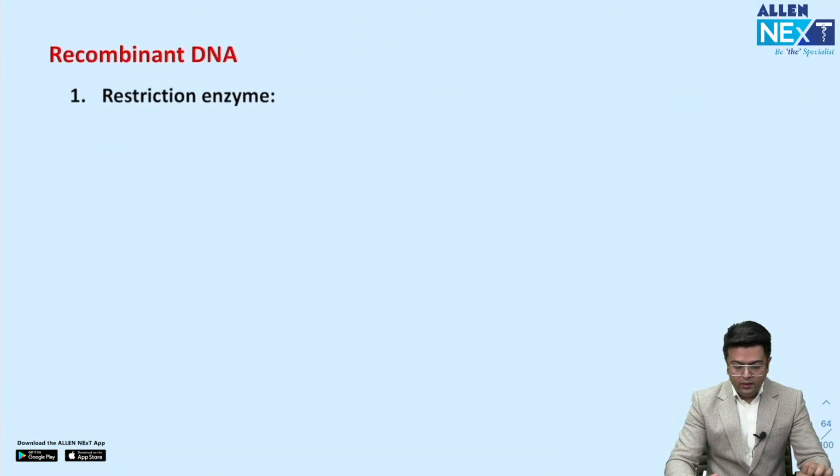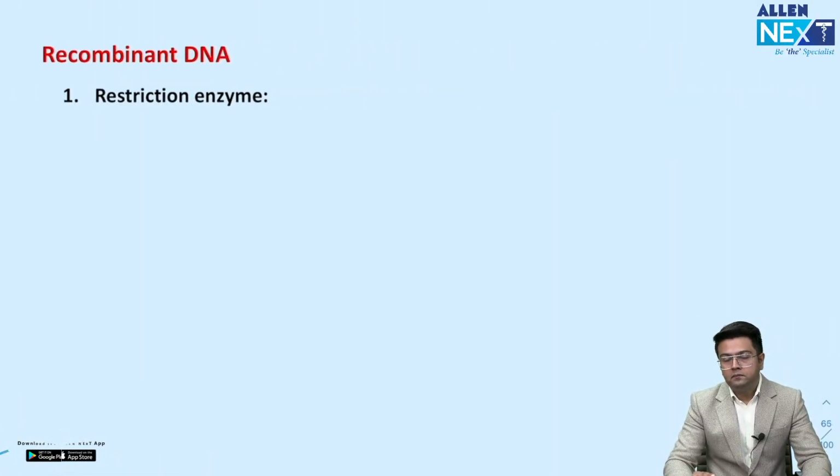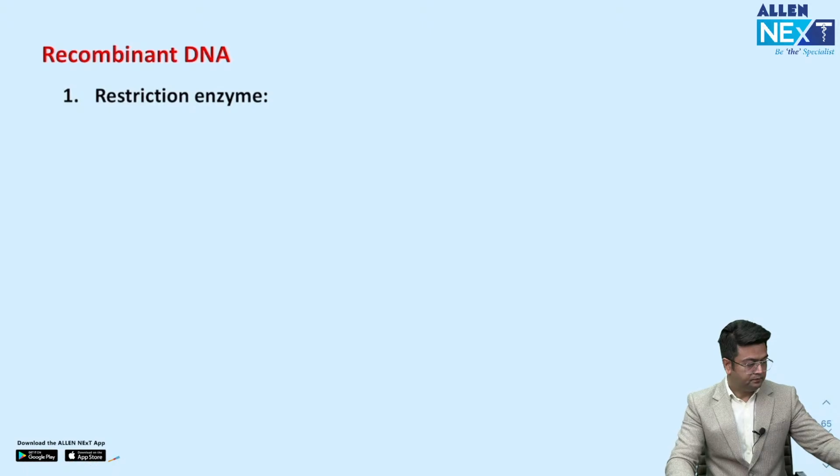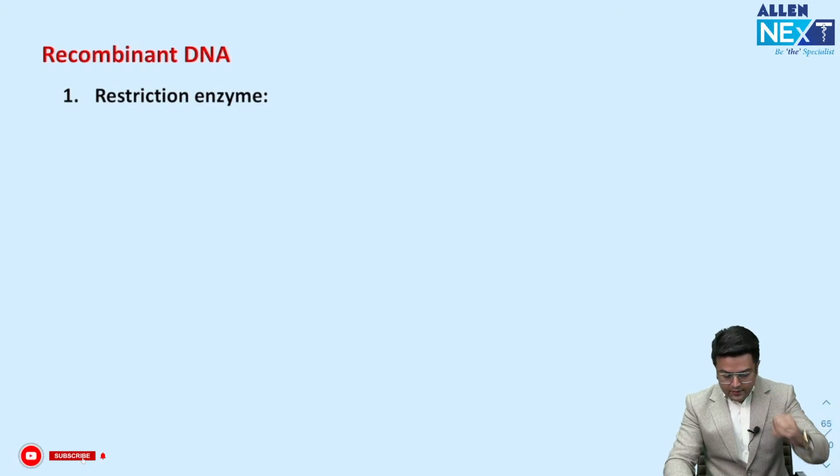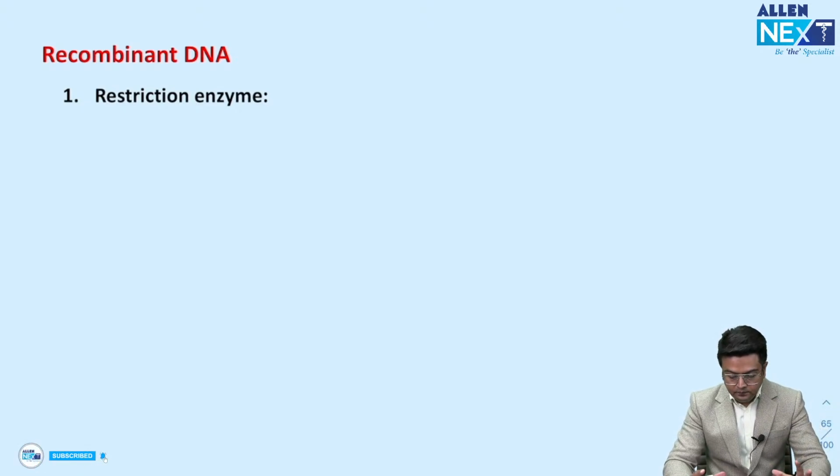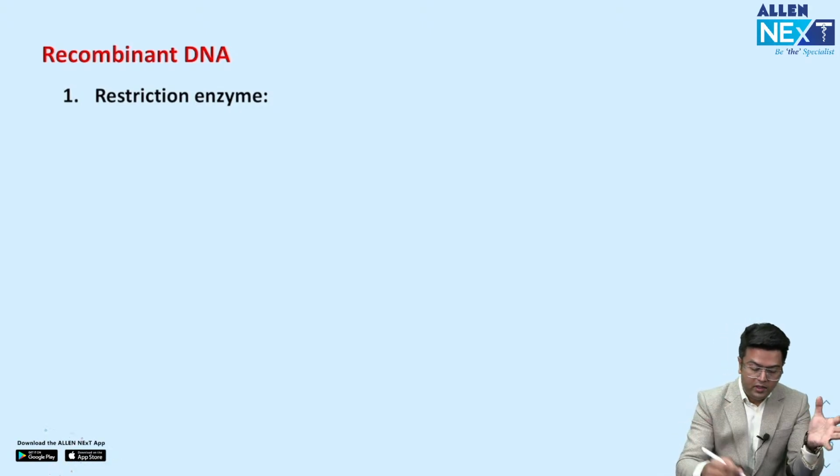Right guys, now I'm taking one point called recombinant DNA, which is considered very important and seems a little difficult, but it is not. So in recombinant DNA technology, first of all, what is a recombinant DNA?